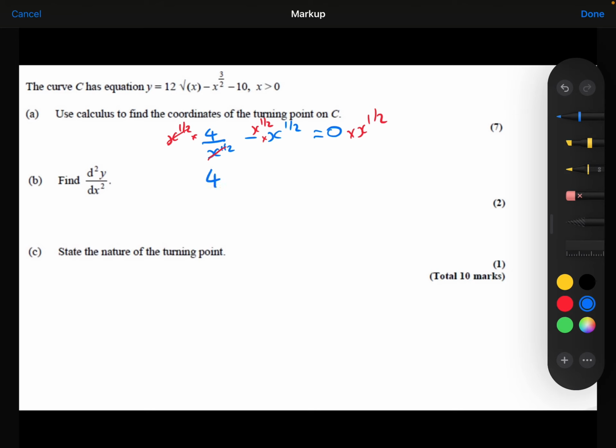So the first term is just the 4 now. The second term, x to the power of 1/2 times x to the power of 1/2 is just x, because we add the powers. So we get x to the power of 1/2 plus 1/2, which is 1. And the 0 times anything is 0. And therefore we have just found that x is 4 when we have a turning point.